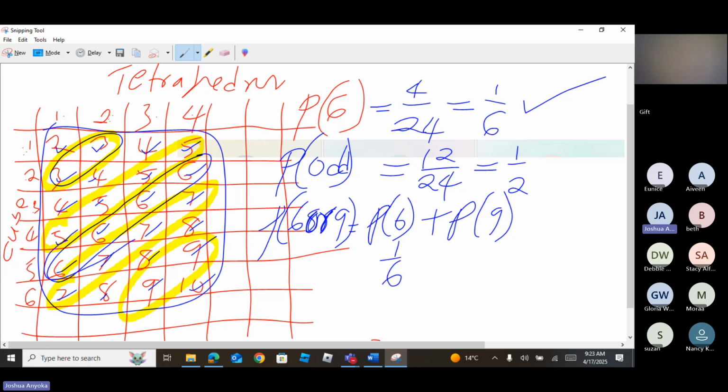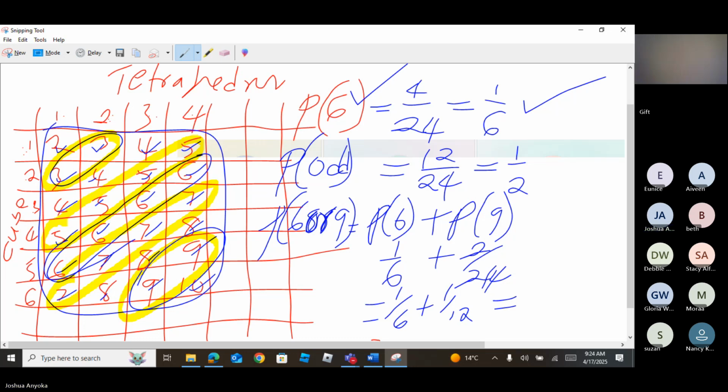Si tulipata hiyo. Probability of getting 9 is 2 over 24. So it is 1 over 6 plus 1 over 12. What is the answer? 1 over 4.